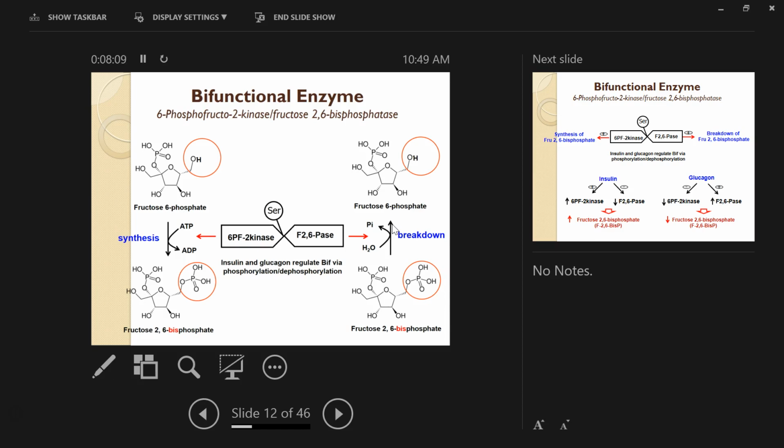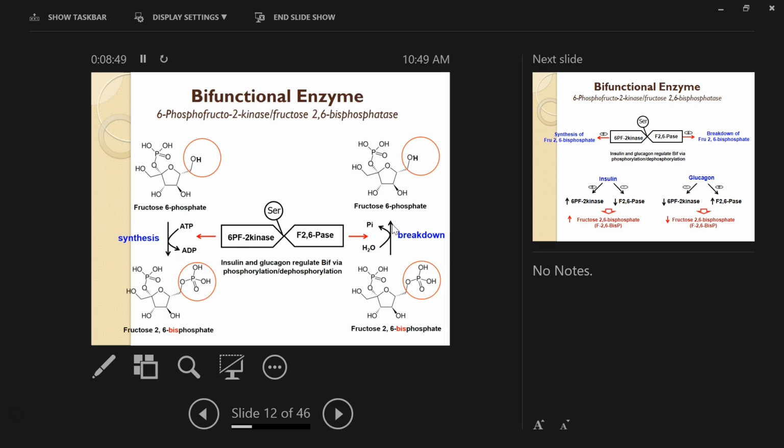The left side is the reaction for the synthesis of fructose 2,6-biphosphate, and the right side is the breakdown of fructose 2,6-biphosphate. The bifunctional enzyme contains these two specific enzymes, and each catalyzes a different reaction in terms of generation or breakdown of fructose 2,6-biphosphate.